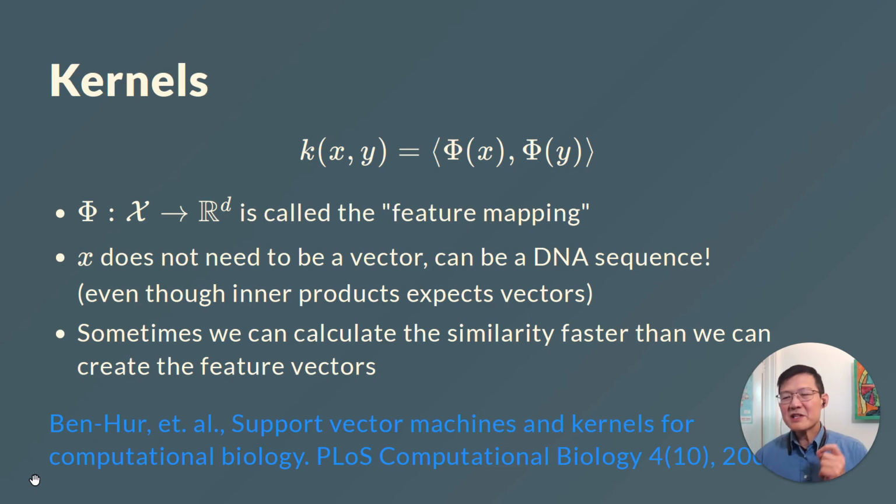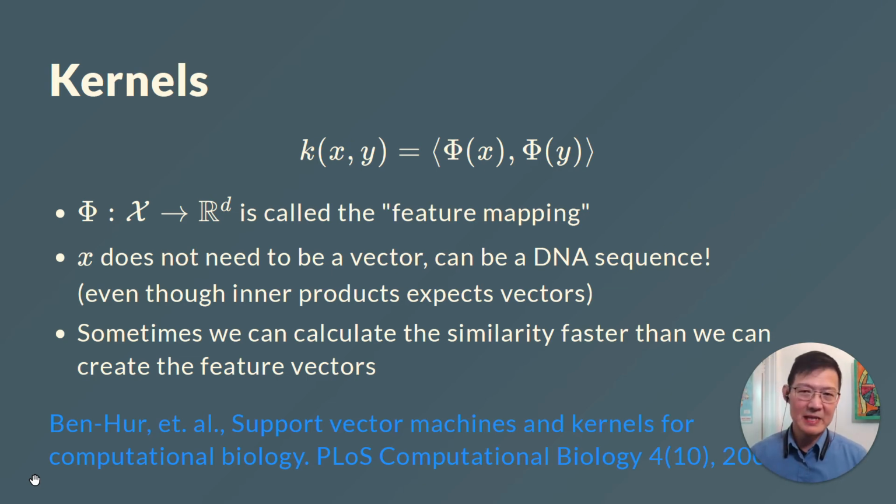Now, what is a kernel? A kernel is when you take an inner product between some version of the object itself. I've got two objects, x and y. They may not be represented as a vector of numbers. On the left of the equation, I've got a kernel between two objects, x and y.